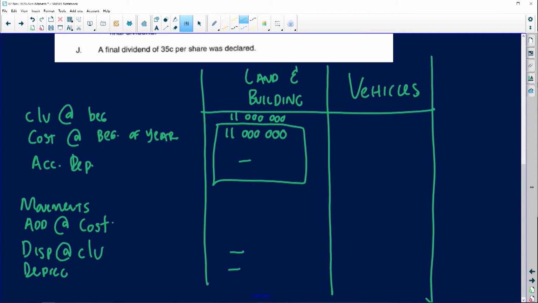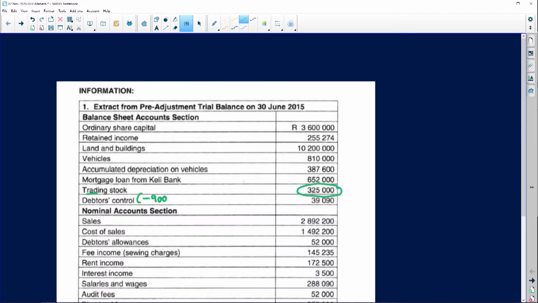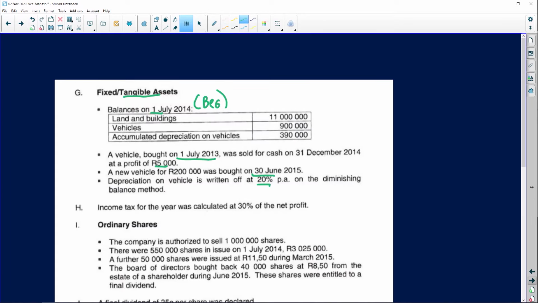Now, is there an addition? Remember, we are given our trial balance. So if we go to land and buildings, guys, I'm going to have to correct myself because I made a mistake with what I said earlier on. If we look at land and buildings at the end of the financial year, it is sitting at 10,200,000. Okay, so let's just go to the note that I drew up.